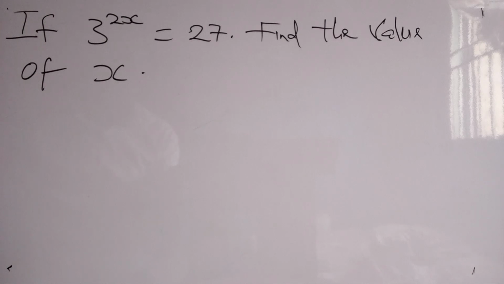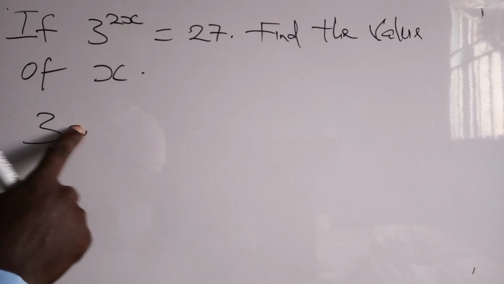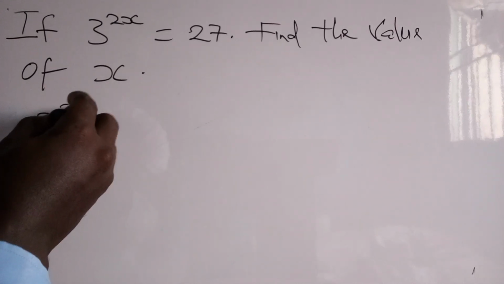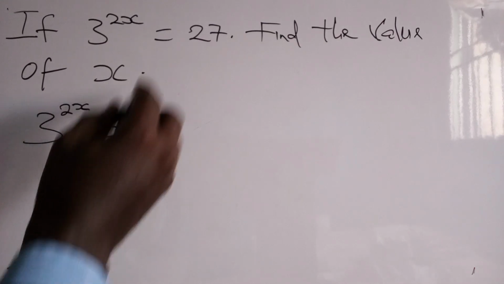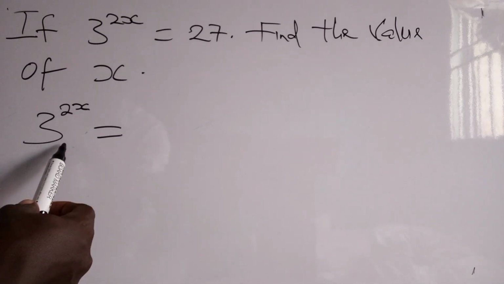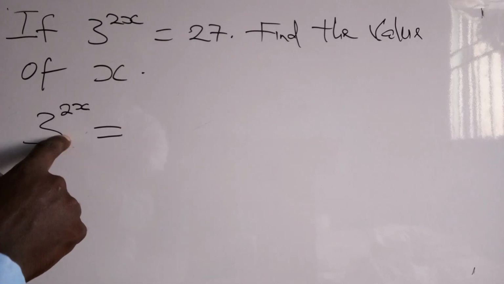First thing we'll do here, we bring out the real problem, which is 3 raised to power 2x equals 27. In what way can we replicate 27 in such a way that we will have a base number 3?